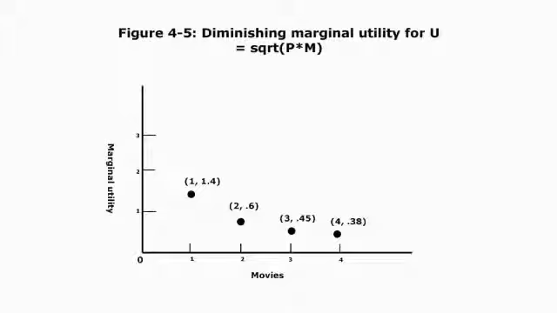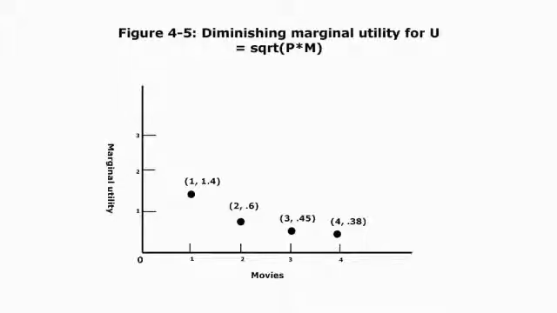Now, when you move from 1 movie to a second movie, your utility goes up from the square root of 2 to 2. Utility goes up by 0.6. So the marginal utility of that second movie is 0.6.